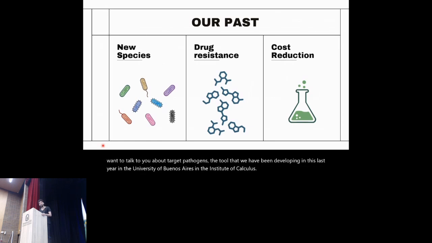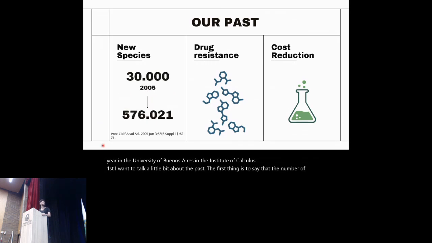Well, first I want to talk a little bit about the past. The number of bacterial species has been growing. We have classified almost 600,000 right now, and if you go back to 2005, we only had 30,000.